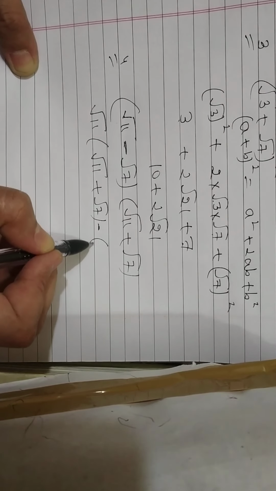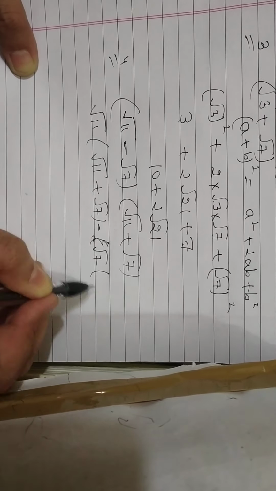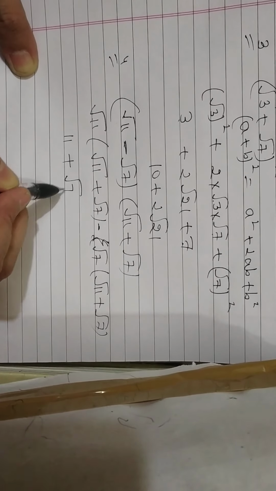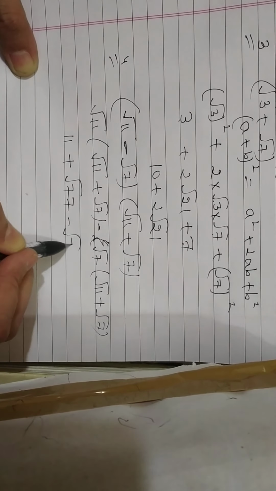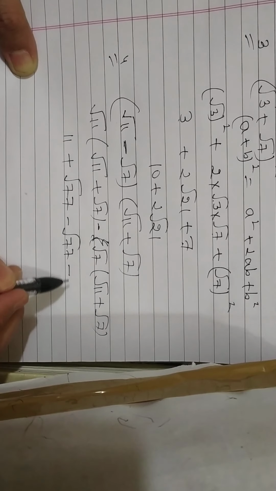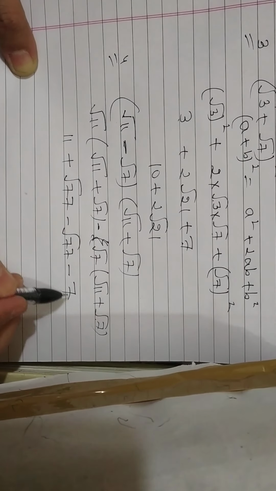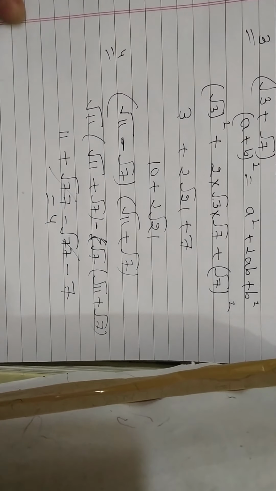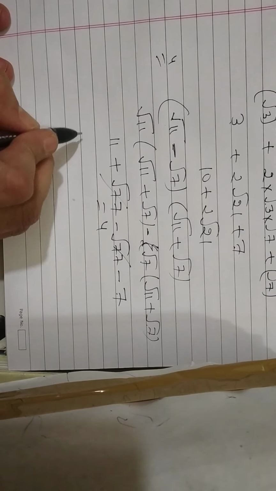Again we'll take root 7 and root 11 plus root 7. So root 11 into root 11 is 11. Root 11 into root 7 will be root 77. This will be minus root 77. And root 7 into root 7 will be 7. So this will get cut. This will be 4.